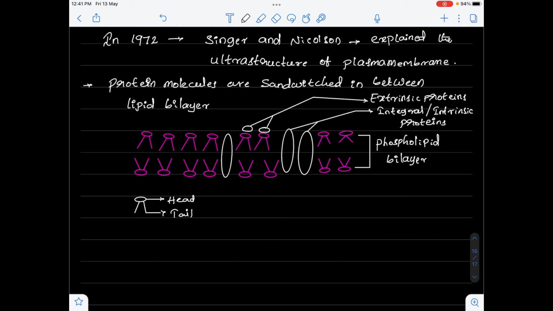This head part is hydrophilic in nature. So this is why this head part is called the hydrophilic head of the phospholipid molecule. Let me label here. This is the hydrophilic head of phospholipid molecule.